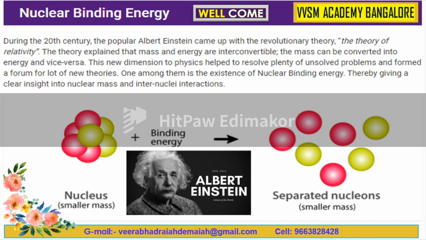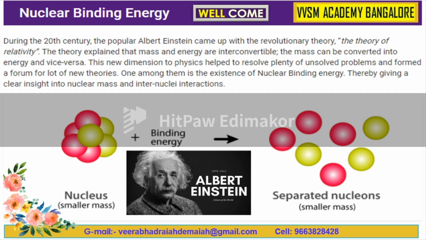So, if you observe the slide, Albert Einstein is responsible for Einstein's mass-energy relativity. In the nucleus, the nucleons like protons and neutrons are smaller masses binding together with a sort of binding energy. This energy is the predominant factor here.